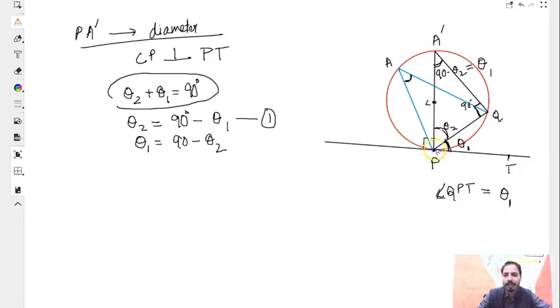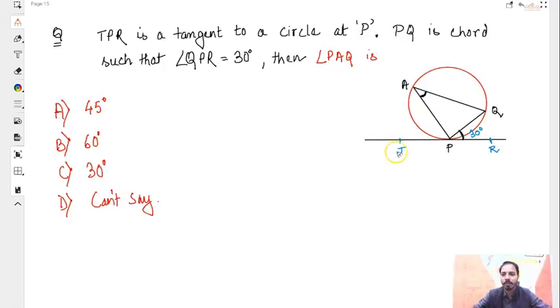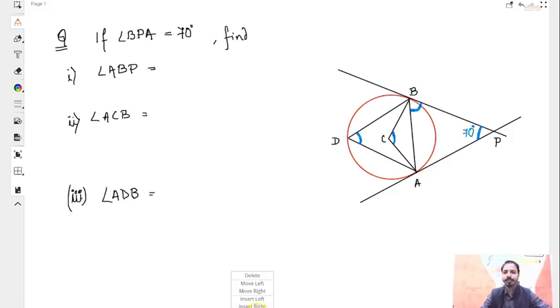We have just learned that from a chord, if I subtend two different angles on the same side, they are going to be equal. So if this is theta 1, this is also theta 1. That means whatever angle I have here, I have it here. So this angle is equal to this angle. This is a very, very important property. So from here I can say if this is 30, this is 30. Okay guys, so hope you have understood this.